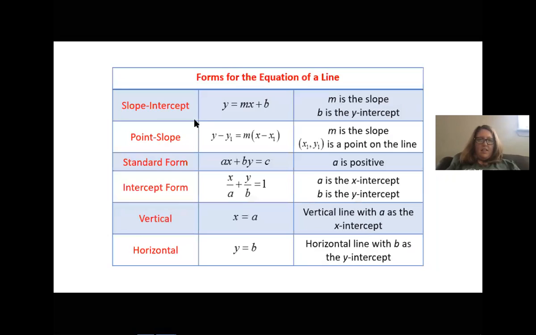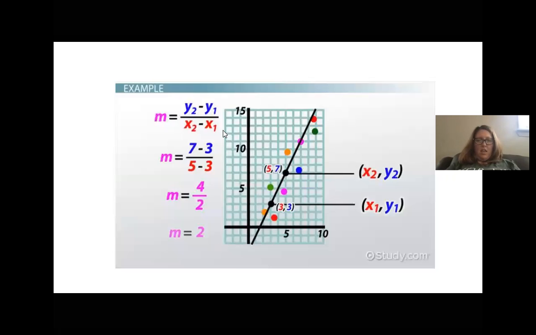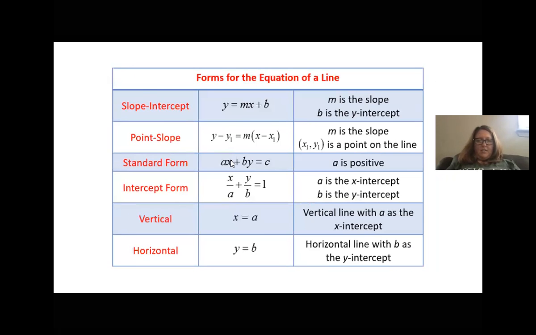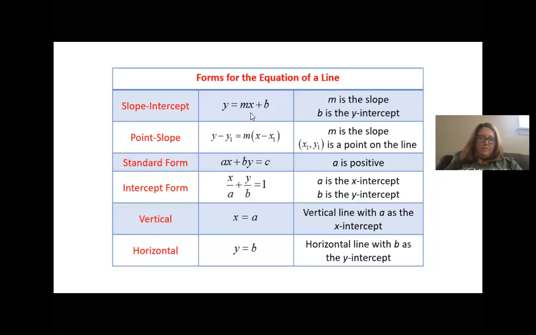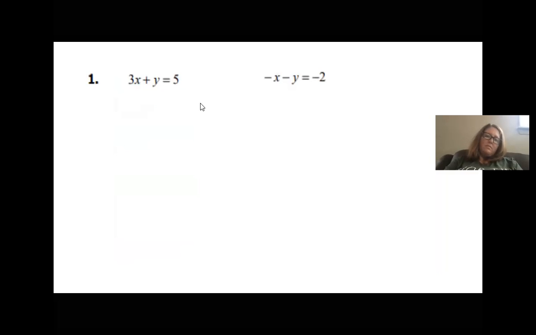So 1, 2, 3, 4 equations you're going to have to start knowing. I would go ahead and make sure you start memorizing the slope one, y2 minus y1 over x2 minus x1. And then the slope intercept and standard form, I would definitely know by heart, okay?